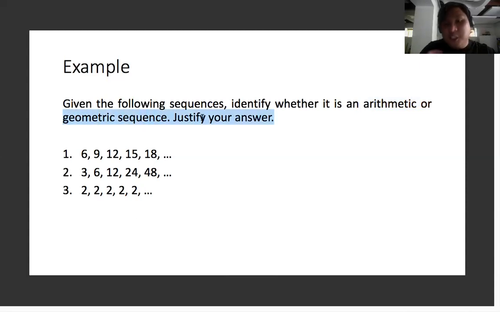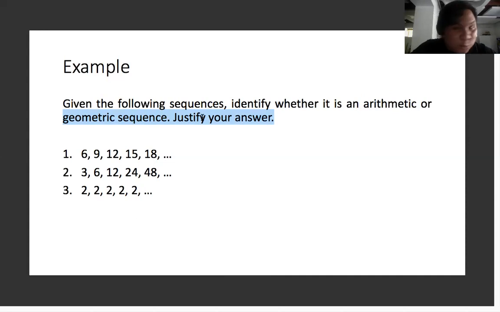Now, you are also to justify your answer. Why do you think number 1 is an arithmetic sequence? Why do you think number 2 is also arithmetic? What about 3? Is it arithmetic or geometric? So you have to, of course, justify why your choice is arithmetic or geometric, right?